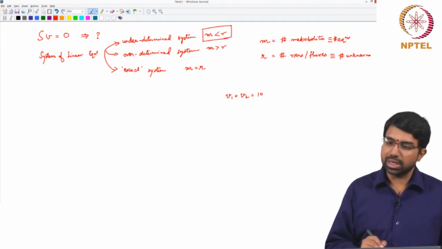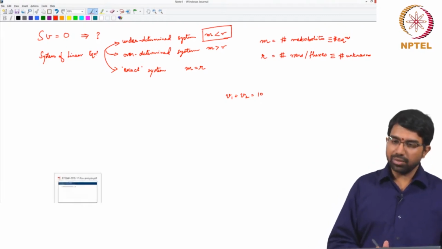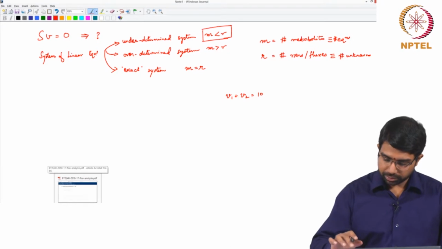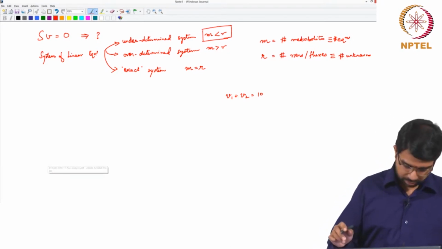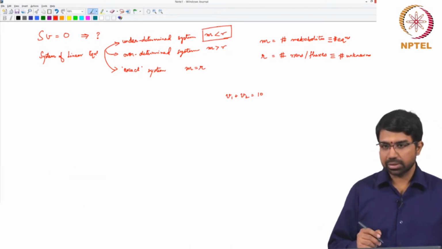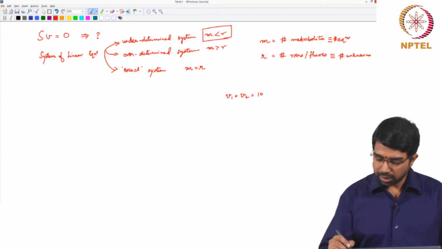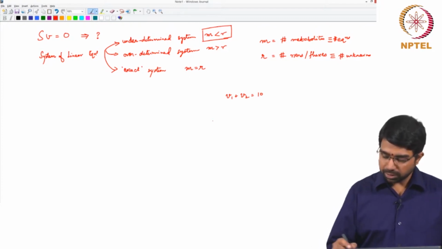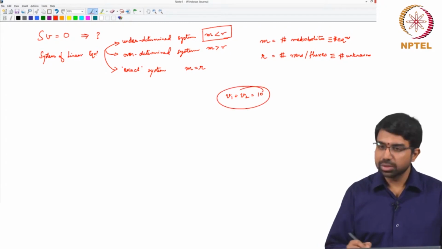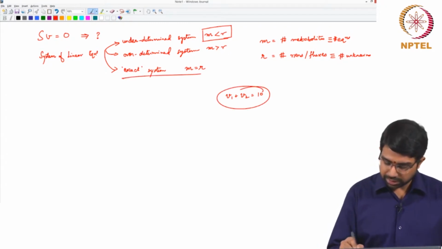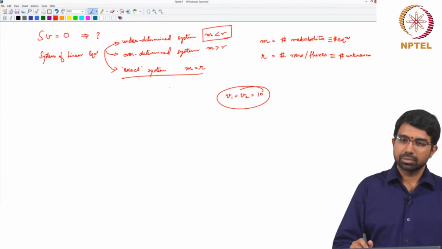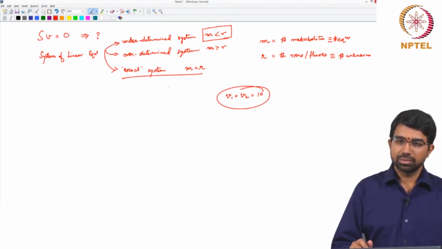So, whenever you have more reactions than metabolites, you will have an underdetermined system, or a fat matrix, right. When you have an underdetermined system, you now need some other ways of solving it. What happens if you have an exact system? And what is the solution? All zeros.